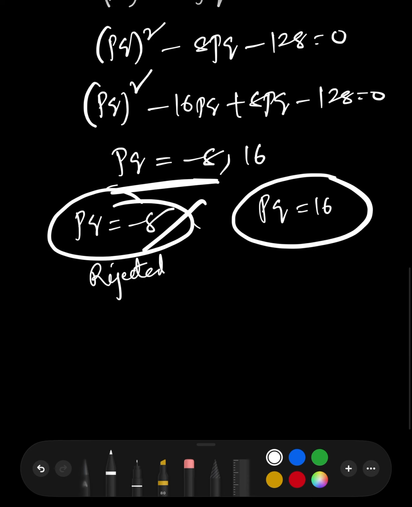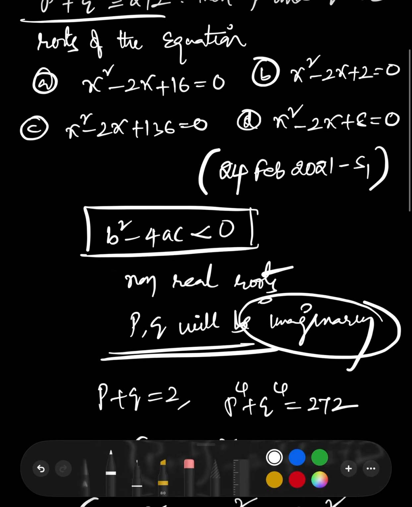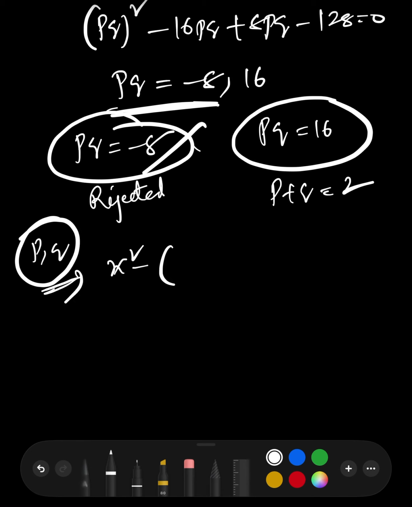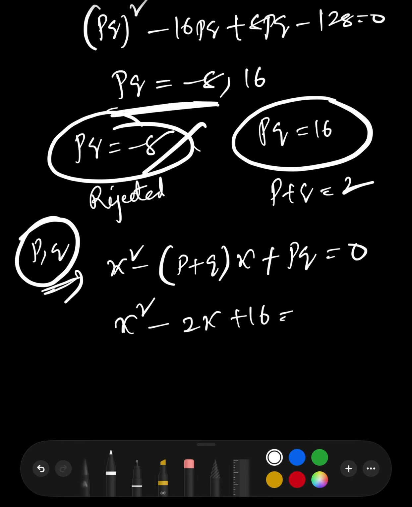Now PQ is 16 and they have given that P plus Q equal to 2. According to the question, P and Q are the roots of the equation. So if P and Q are the roots, then the quadratic equation will be x square minus (P plus Q) x plus PQ equal to 0, that is x square minus 2x plus 16 equal to 0.